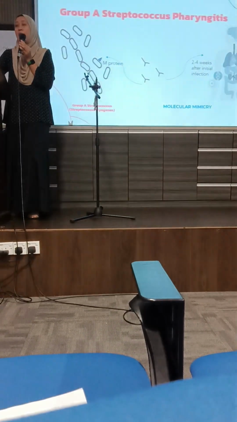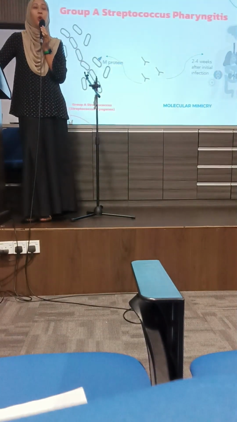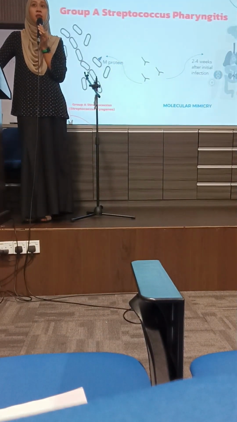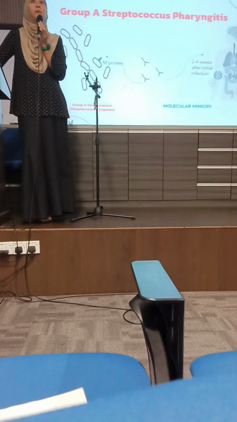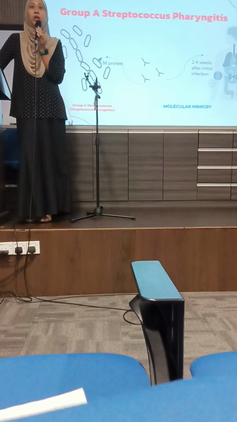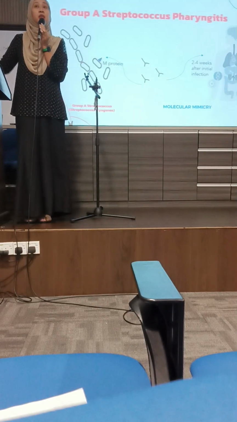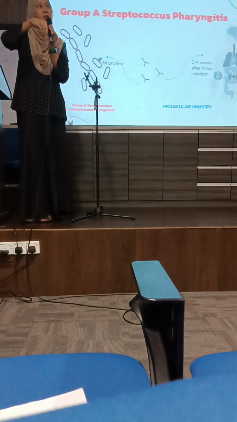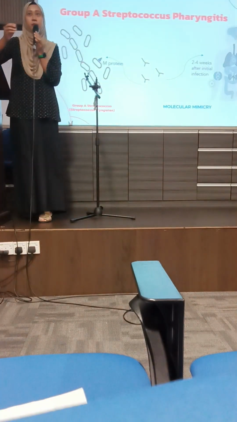And this phenomenon is called molecular mimicry, where the antibodies recognize the M protein on the bacteria, but also recognize self-antigen, because the M protein mimics the antigens on the body.